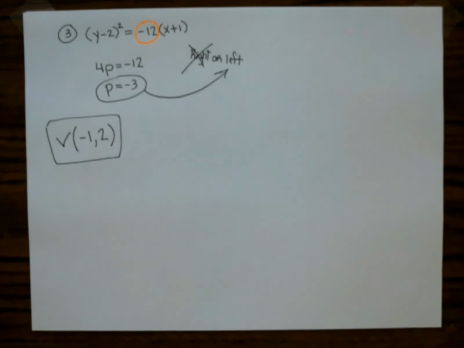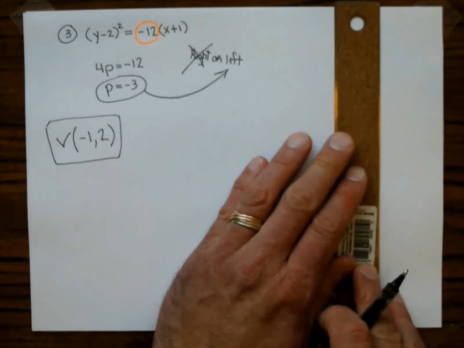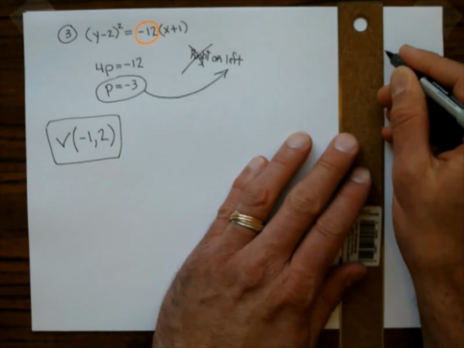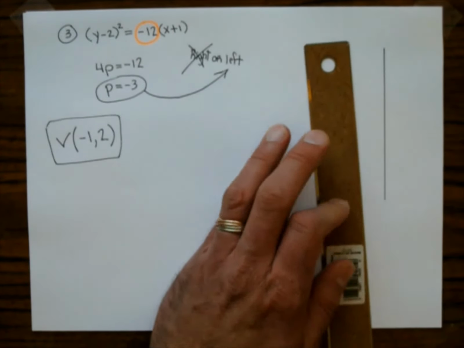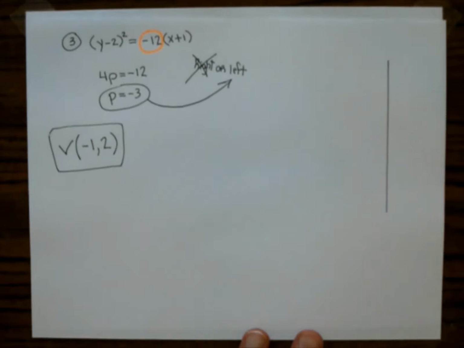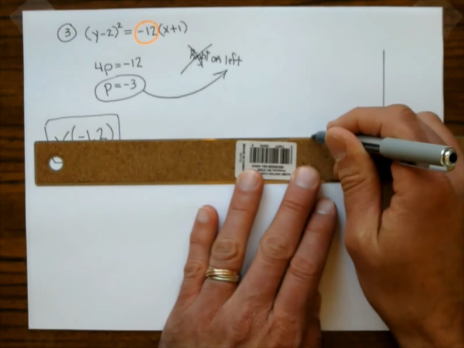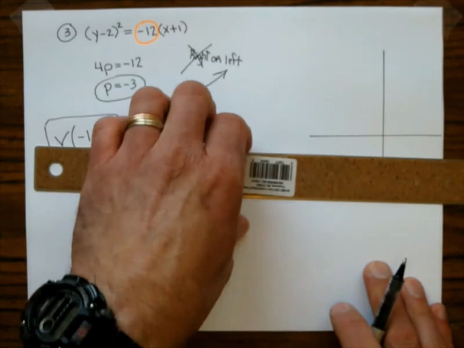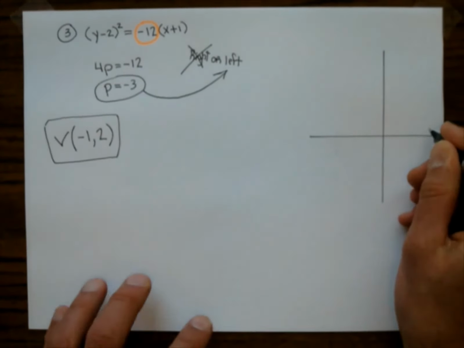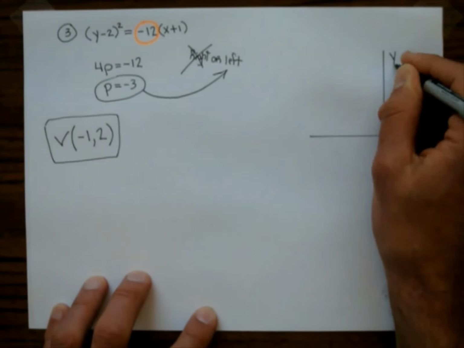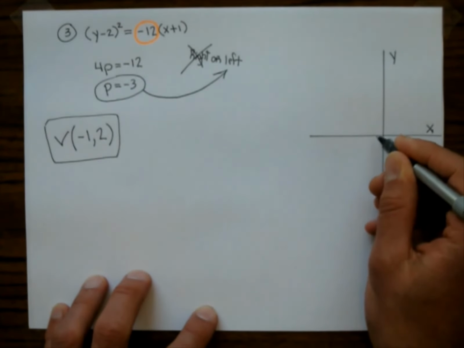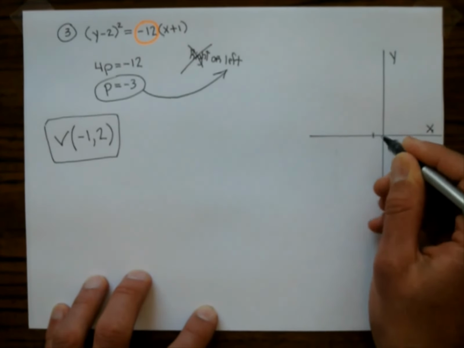At this moment, you could start drawing the parabola. There's x. Here's y. And I have negative 1, 2.